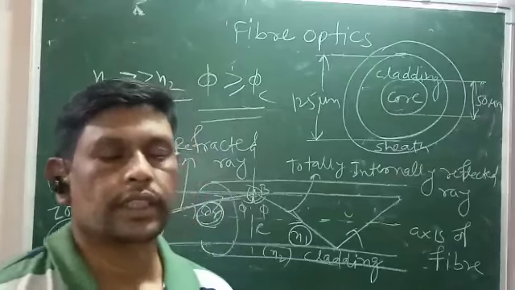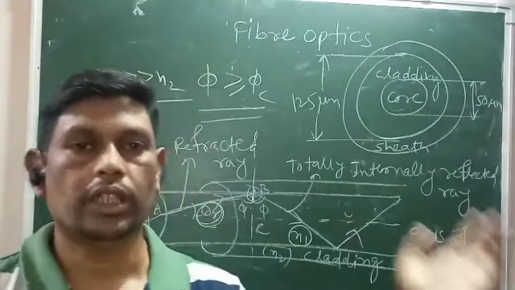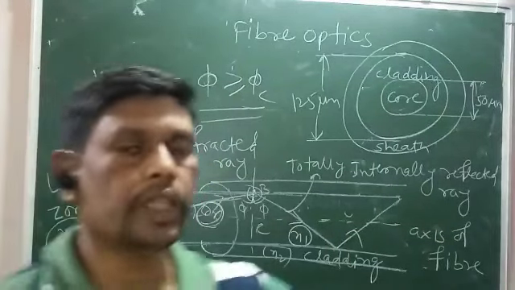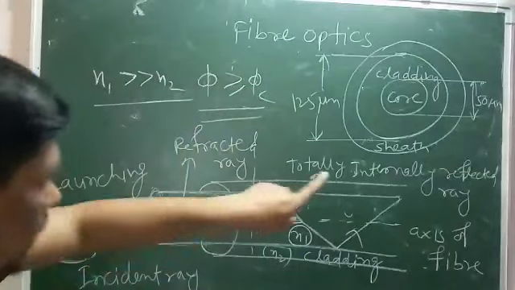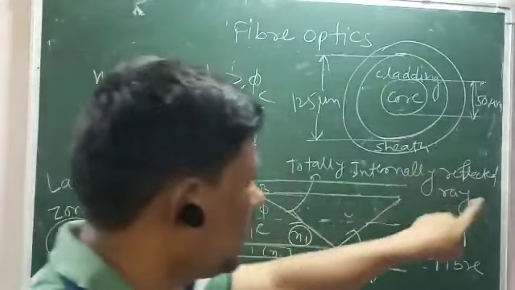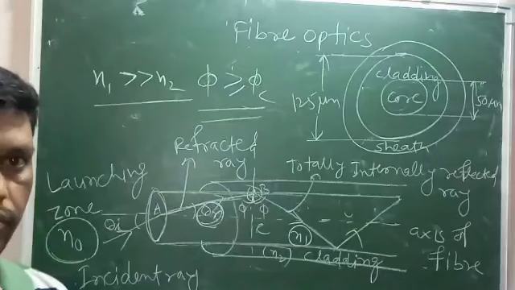light is rebound into the fiber and propagates along the axis of the fiber, and a totally internally reflected ray can be obtained.